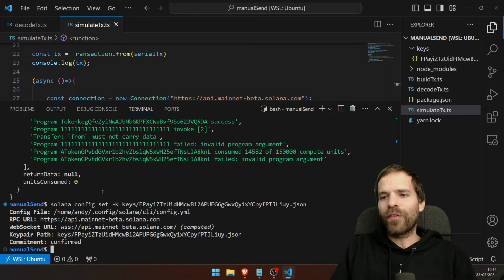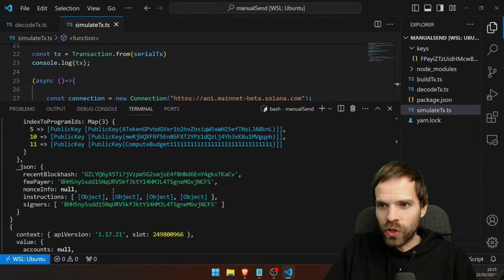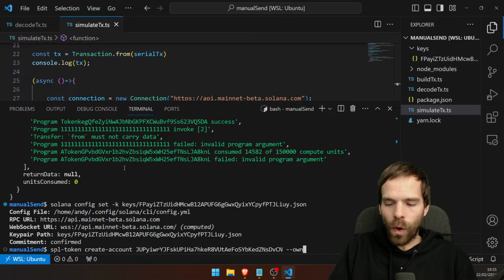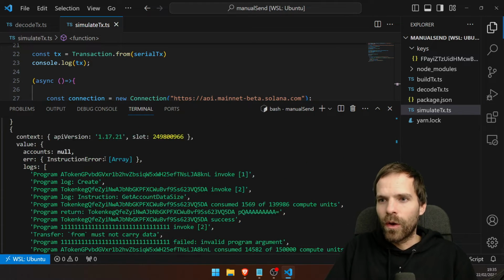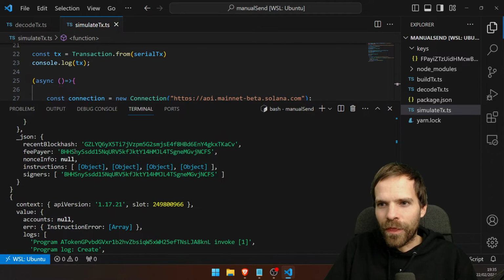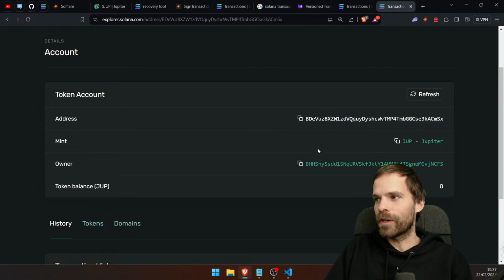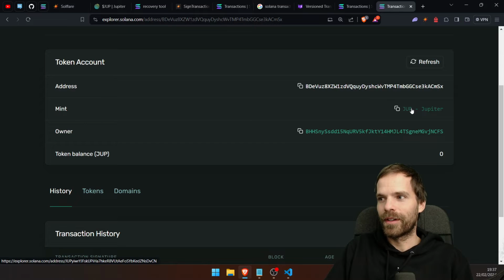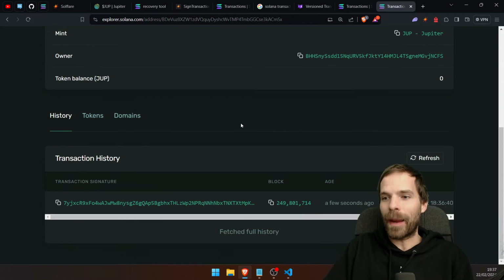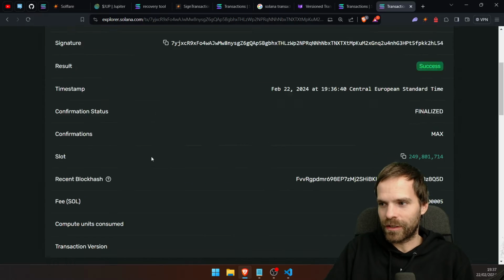And now my fee payer will be so nice and just create an account for the dupe token, and the owner of that account will be this guy. Create that account now. Check that account. It's a token account of the dupe, and this guy is the owner. So that worked.